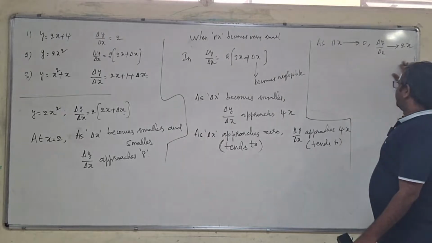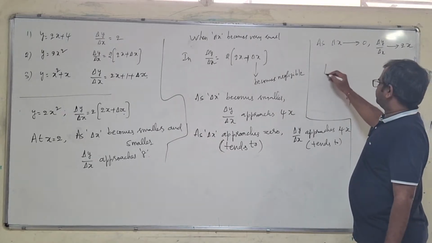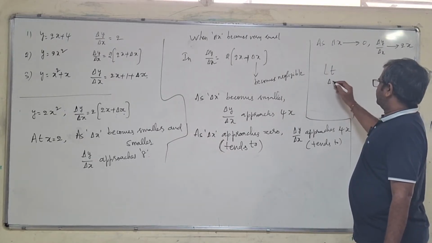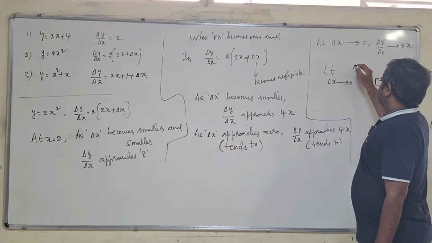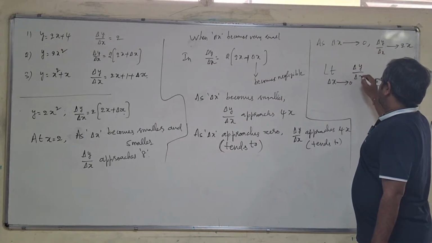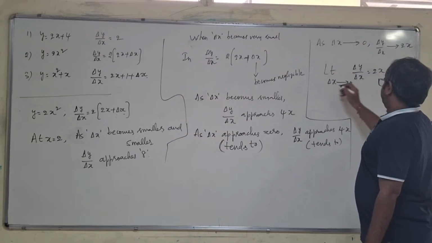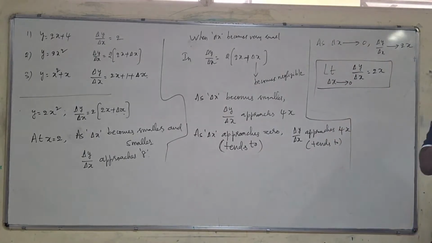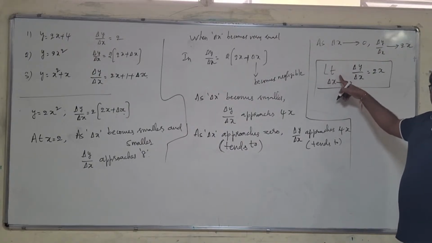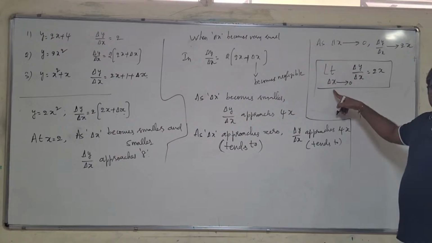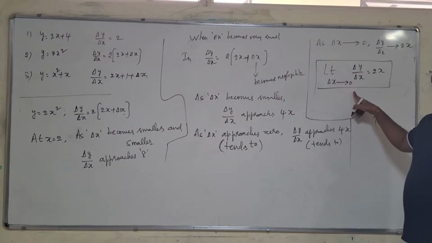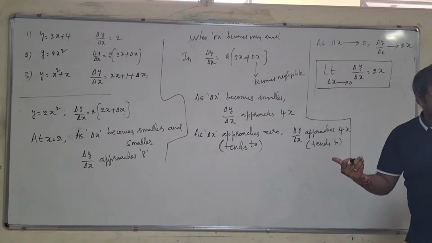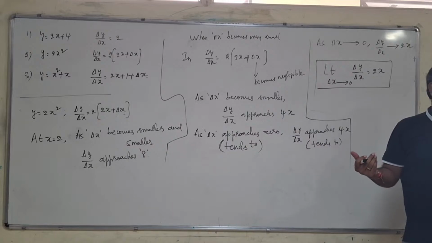We write this mathematically like this. What does this mean? It means in the limit delta x tends to 0, delta y by delta x tends to 2x.